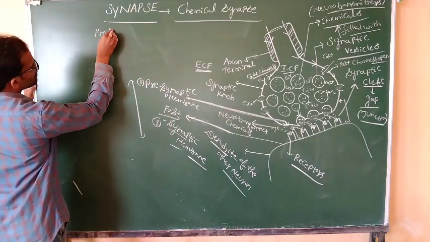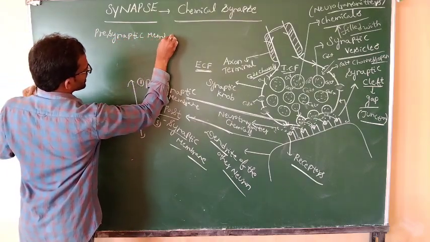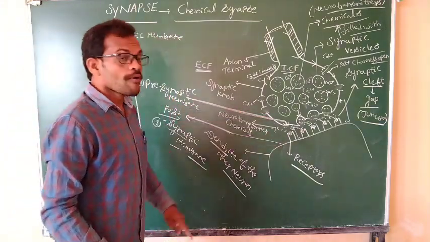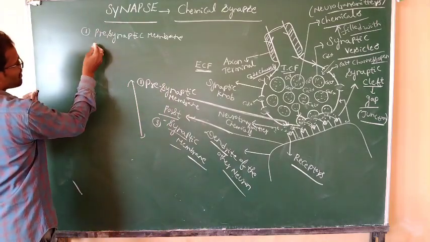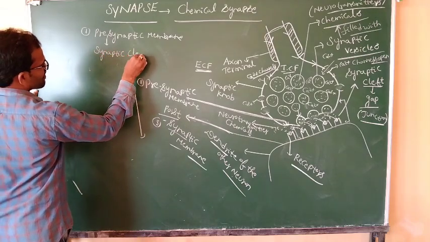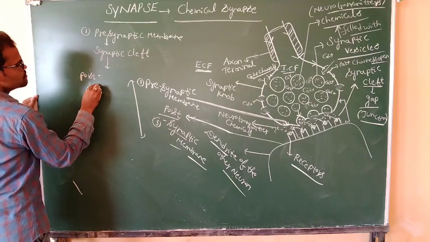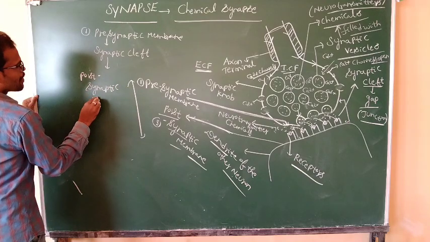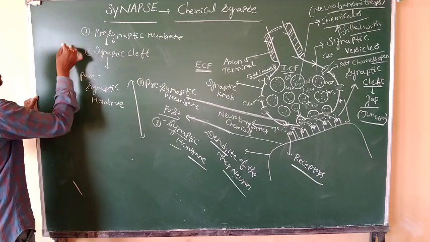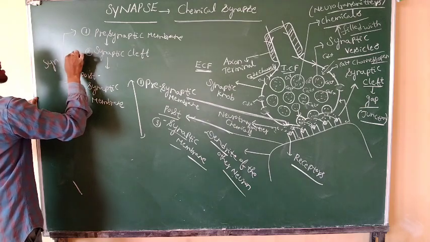This is the communication from the presynaptic membrane to the synaptic cleft, and from the synaptic cleft to the postsynaptic membrane. This entire region is known as a synapse.